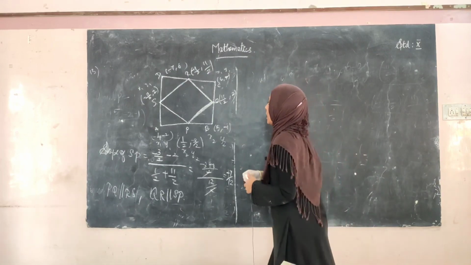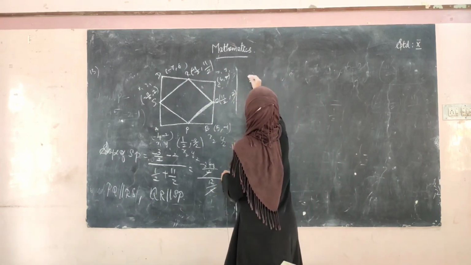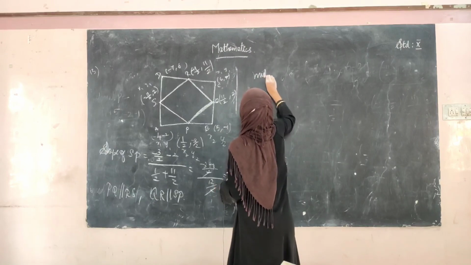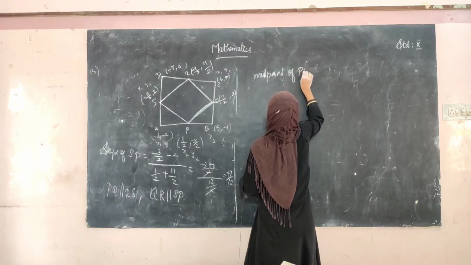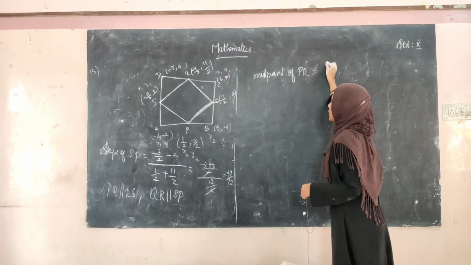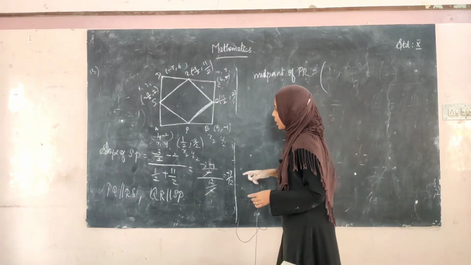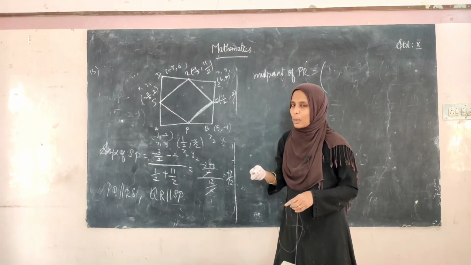So here, midpoint of PR. That is (x1 plus x2) divided by 2 comma (y1 plus y2) divided by 2.